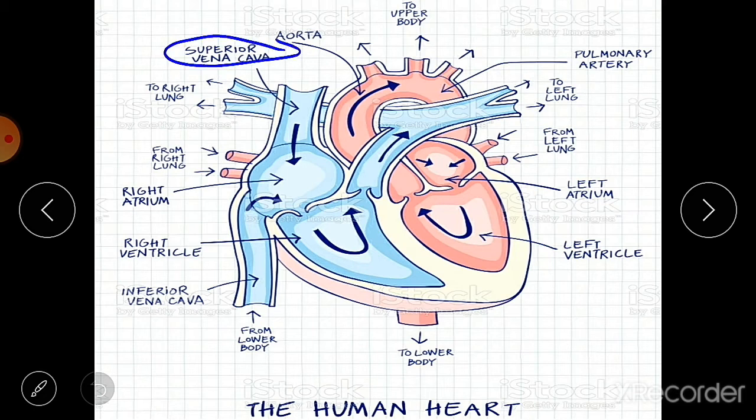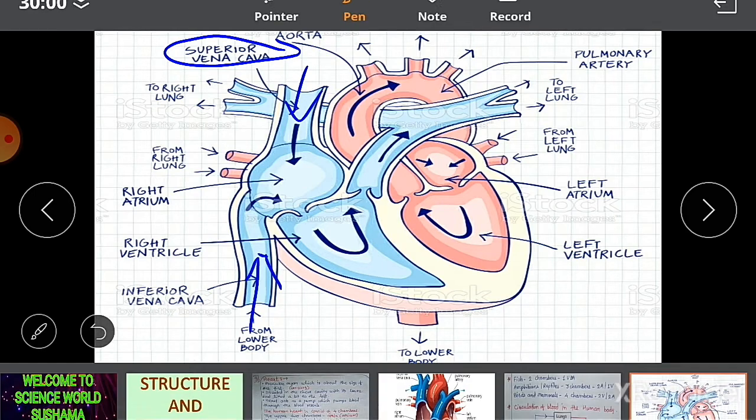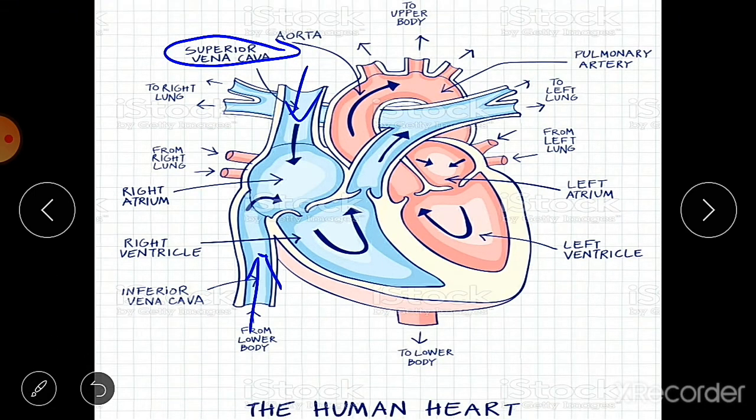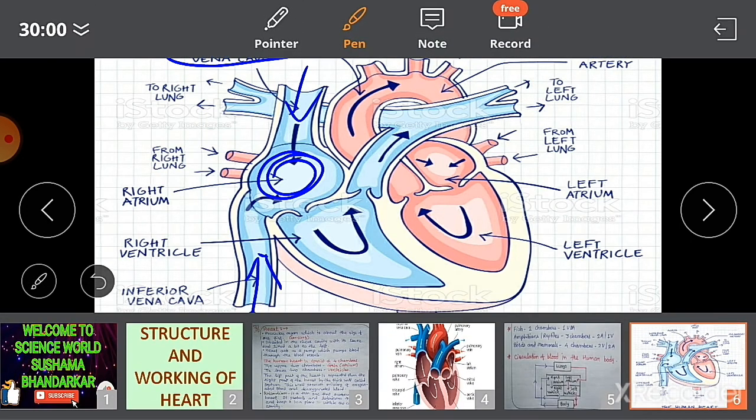The inferior vena cava brings blood from the lower parts of the body to the right atrium, and this blood is collected here in the right atrium.